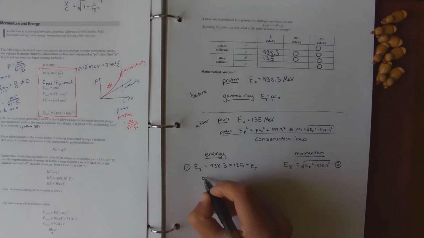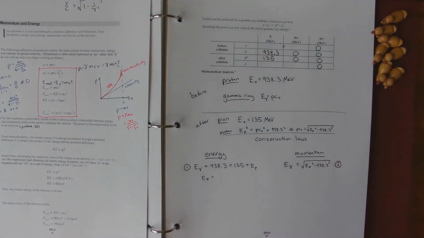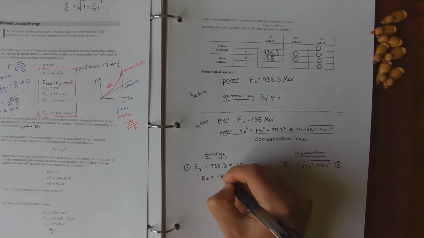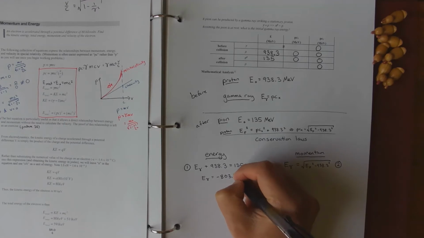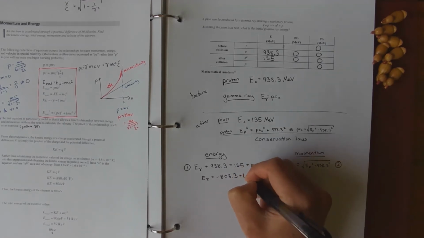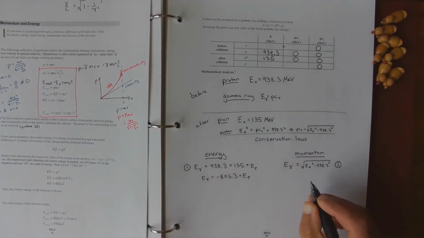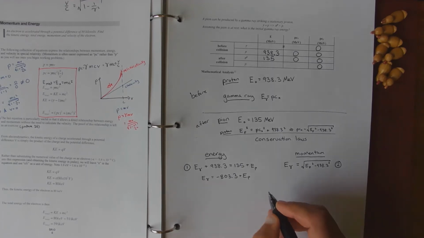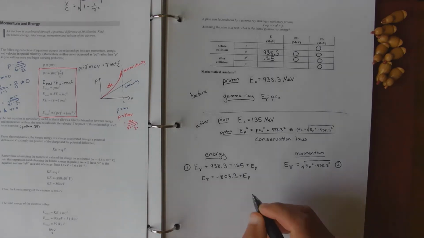So E gamma is equal to 135 minus 938.3, which is negative 803.3 plus EP. This must be equal to, let's write it again.